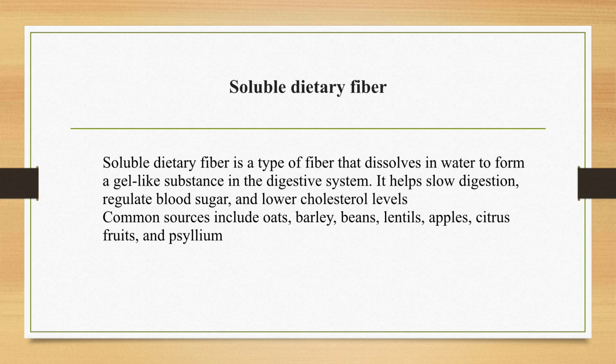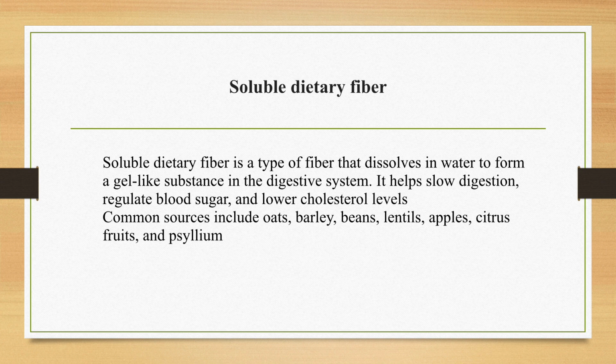Soluble dietary fiber is a type of fiber that dissolves in water and forms a gel-like substance inside the digestive tract. It means that this gel slows down the digestion and helps to control the absorption of glucose.